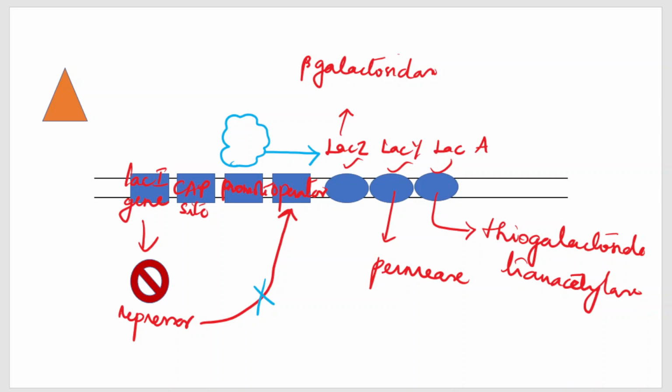The operator site has to be free for the RNA polymerase to act. So the LacI gene produces a repressor protein. If the repressor protein binds to the operator site, then RNA polymerase activity is blocked and transcription is blocked.